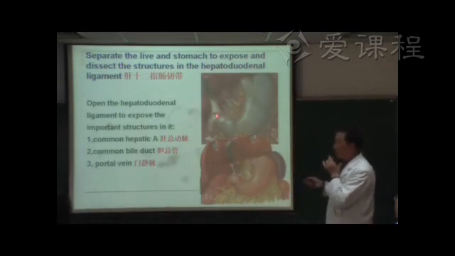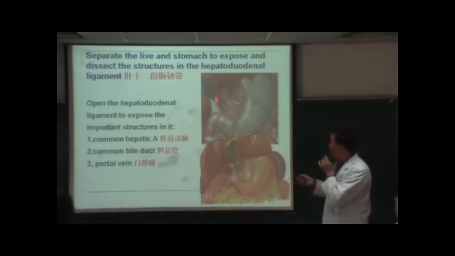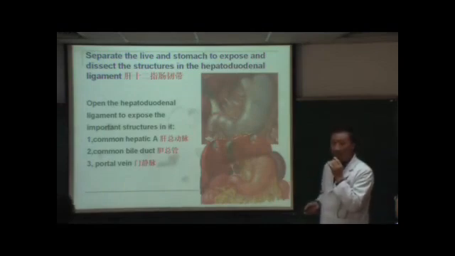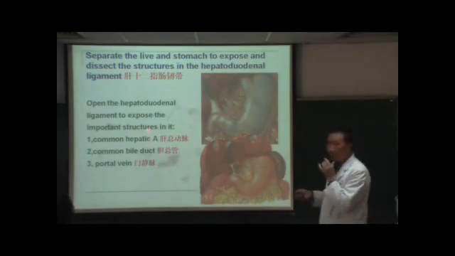The omentum that connects the liver and the superior part of the duodenum is the hepatoduodenal ligament. Within this ligament, there are three important structures.